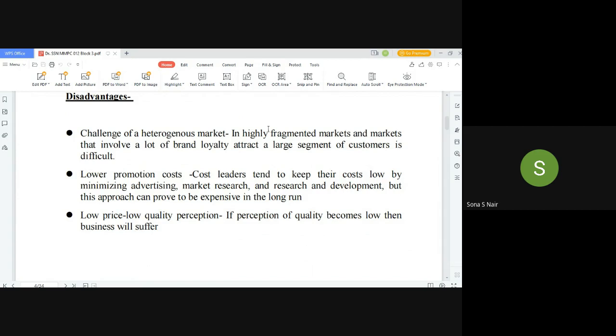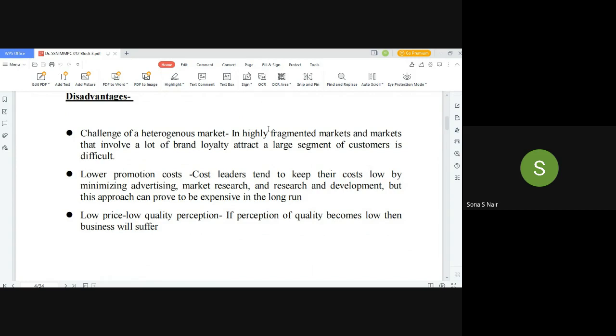Lower promotion costs, because a major part of the price of a product is generally promotion cost. Cost leaders would like to cut that cost, so they would not be into too much advertising, market research and development. So they might not be able to promote their product that much, which can be expensive in the long run. Another challenge cost leaders face is the low price, low quality perception.